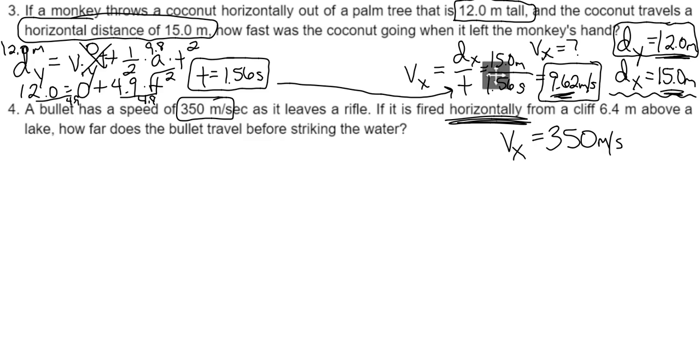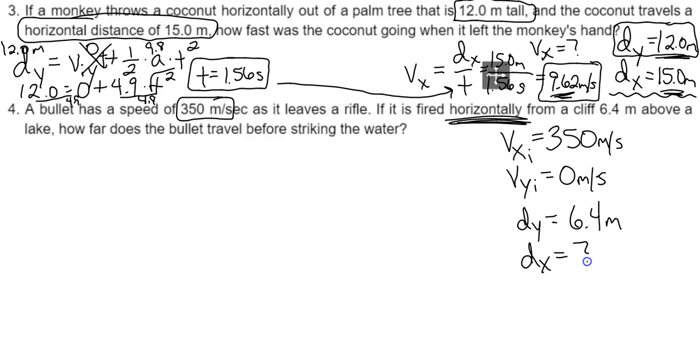Its initial velocity in the y direction is 0 meters per second because it's being fired horizontally. It was fired from a cliff 6.4 meters above a lake. So the distance in the y direction, so up and down, is 6.4 meters. We want to know how far it goes when it hits the lake. So how far does it travel before it hits the lake?